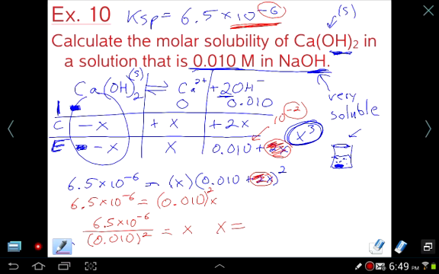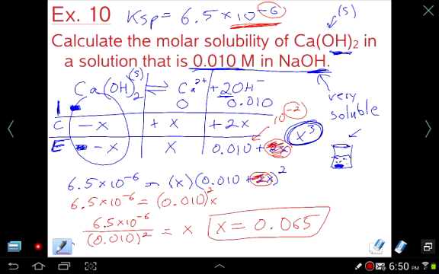And you should get x to be 0.065, which is a small number. So x would be the amount that is dissolved in this case.